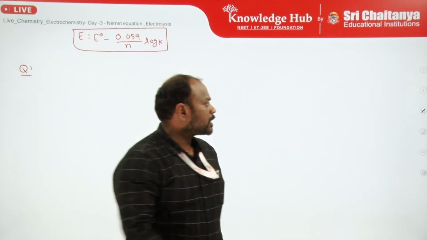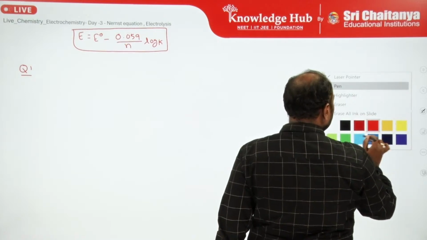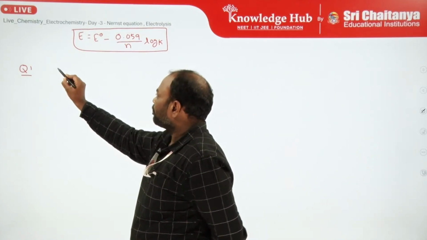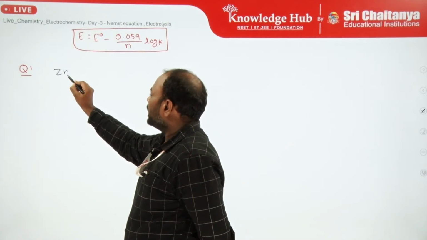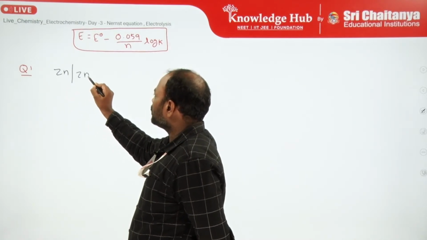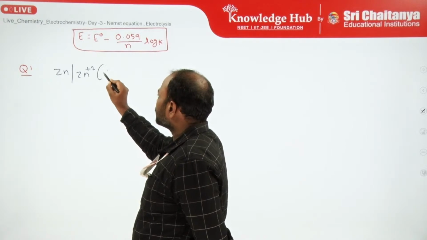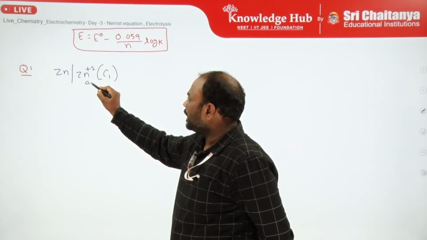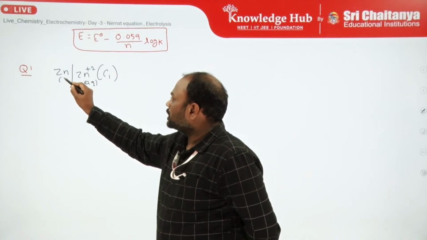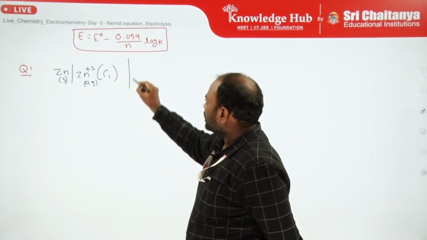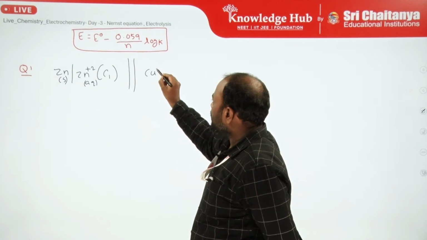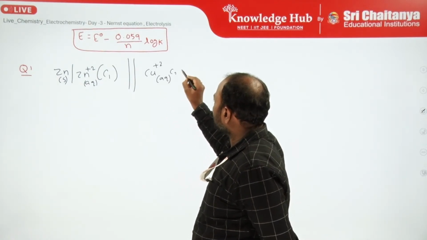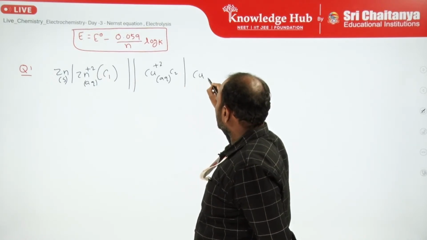Zn is converted to Zn plus 2, its concentration is C1 because it is present in aqueous medium. This is a solid. Cu plus 2 aqueous, concentration C2, gives Cu solid.